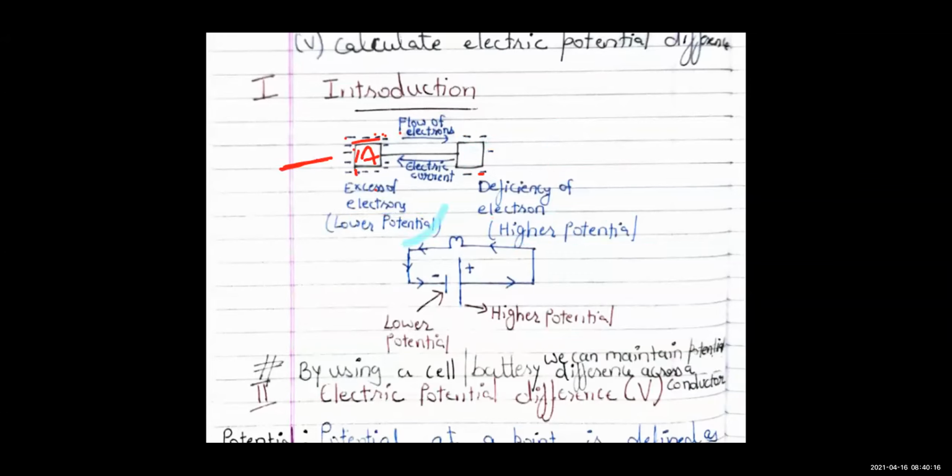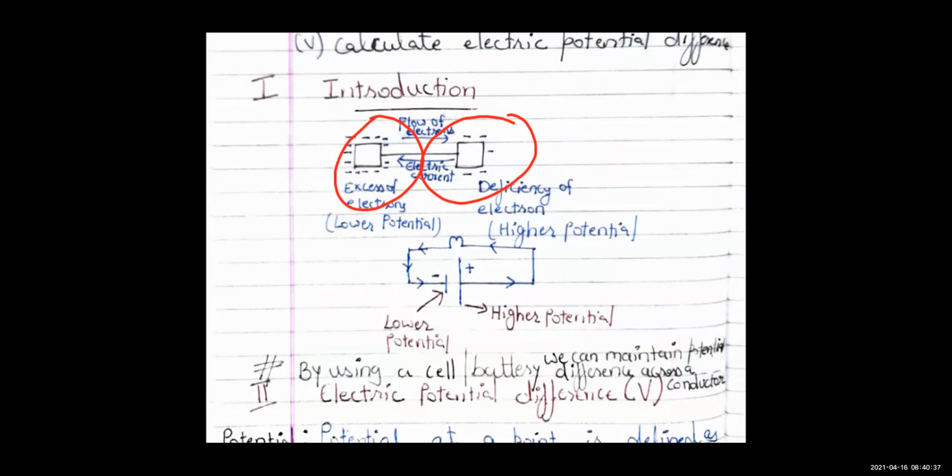So what is potential? Potential is the number of electrons. Here the number of electrons are very large, right? So here this is said to be at lower potential, and here the number of electrons are less. This is said to be higher potential.